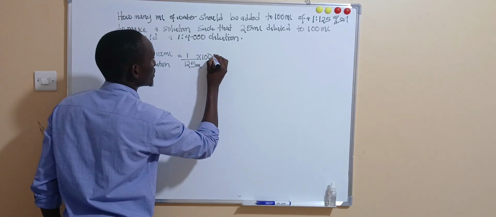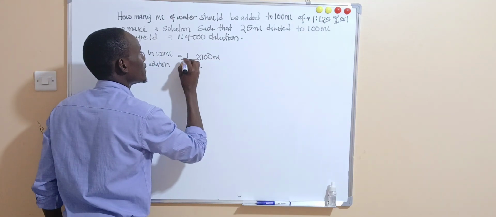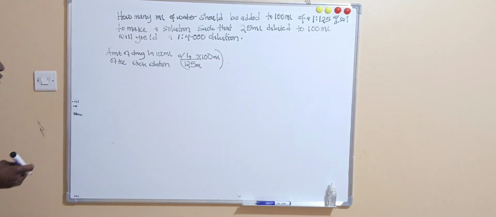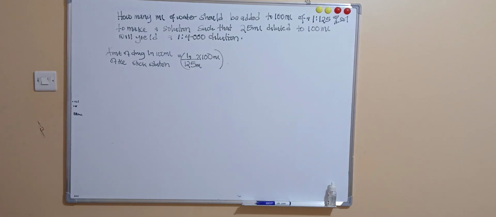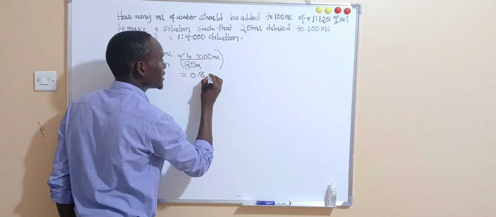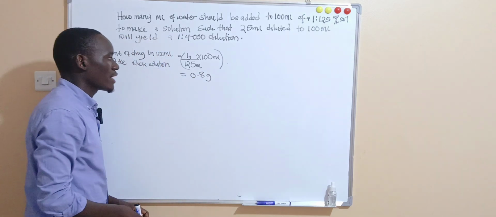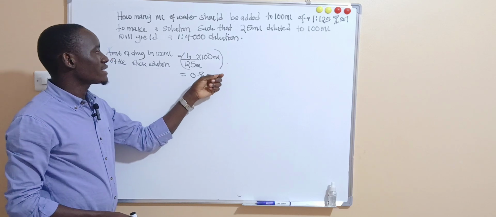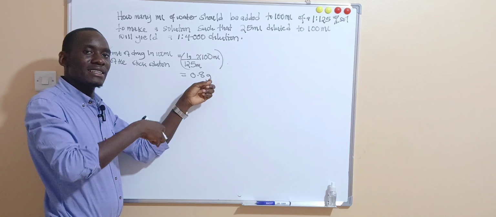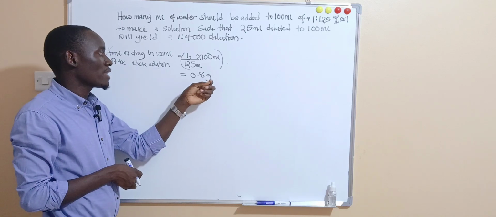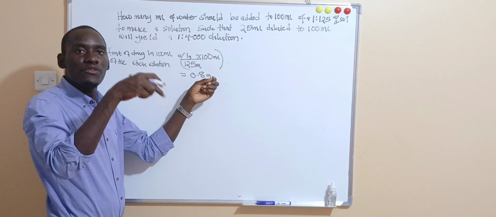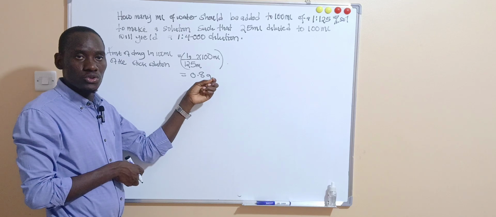This is in mils, this is in mils, this is in grams. So when we multiply that, we are going to obtain 0.8 grams. That means that we have 0.8 grams of the drug in the stock solution, and therefore it is this to give us the final volume of that solution.